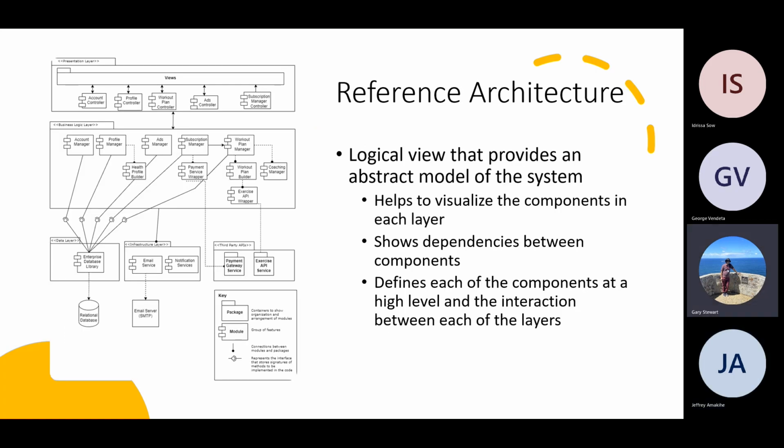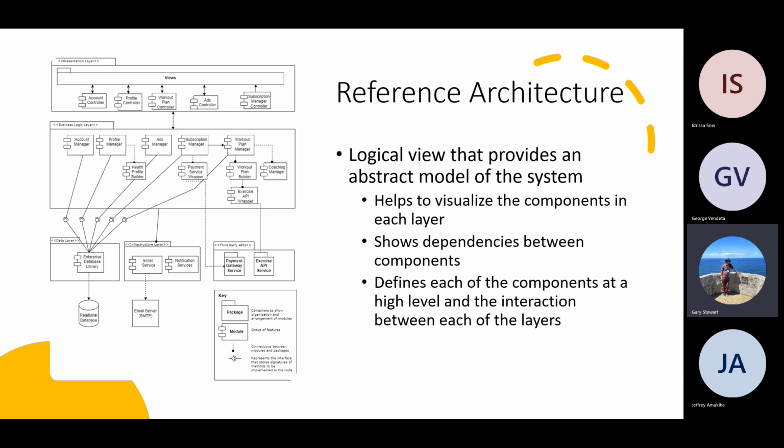So here we're looking at a logical view that provides an abstract model of our system. As you can see, we have our presentation view, and it has a number of modules where the views actually communicate with the controllers.